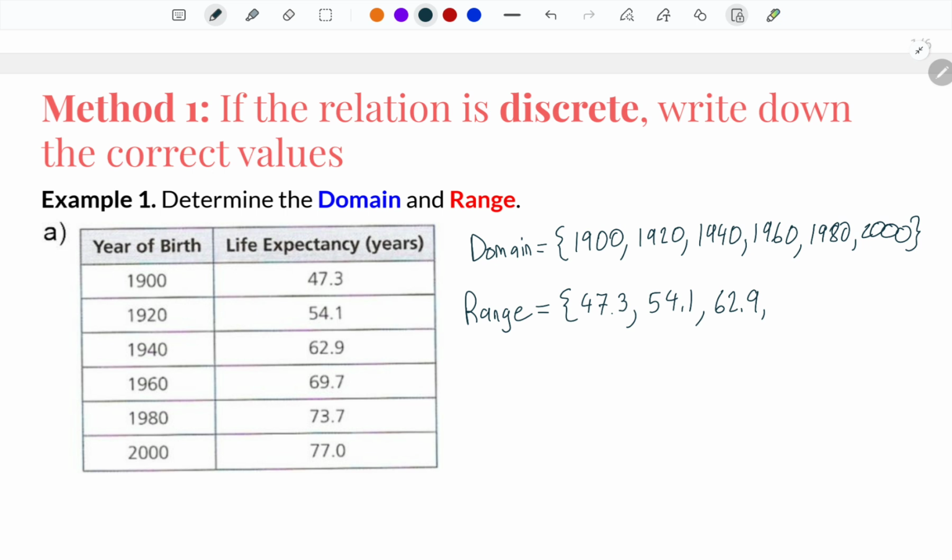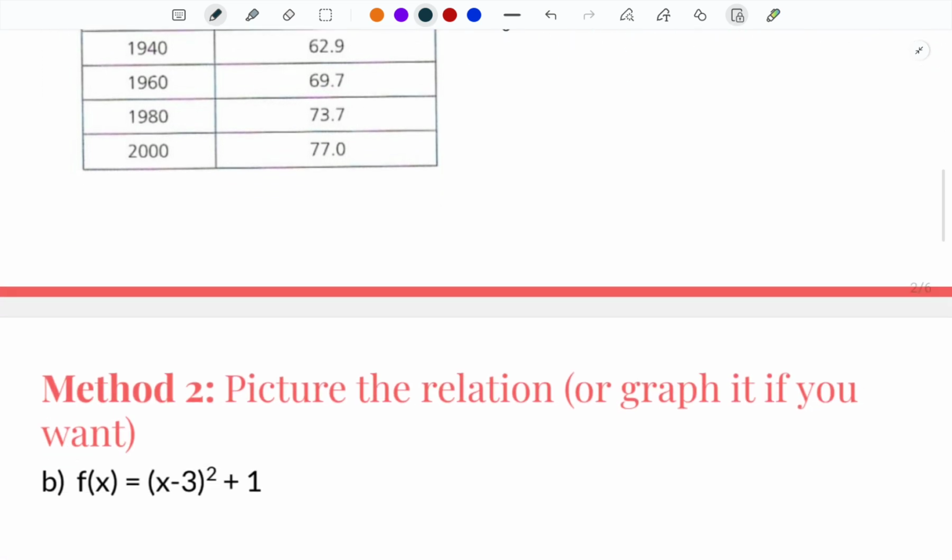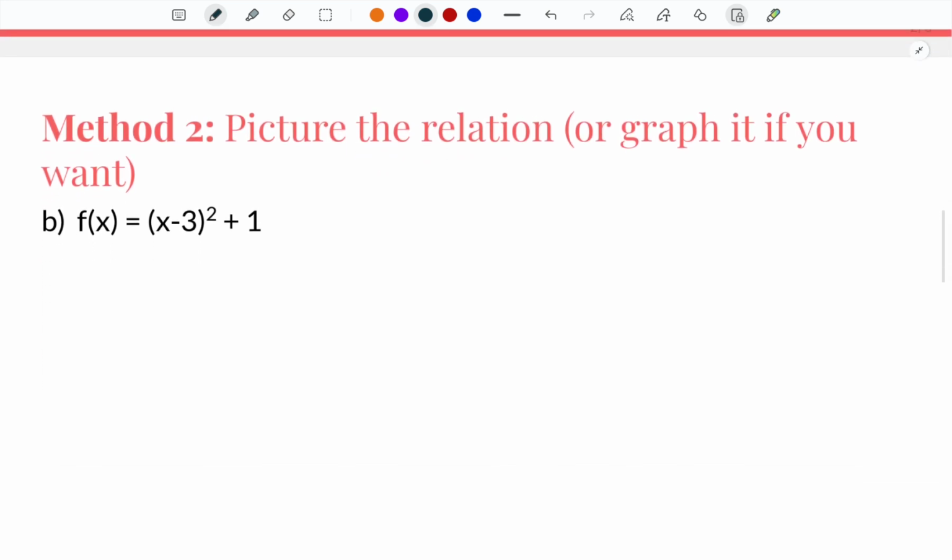We're just covering specific values, in this case these specific values that we're writing down. Okay, and lastly, we have 77.0. And again, I use the squiggly brackets. That indicates a set. So it's the set of those 6 numbers in each case for the domain and the range. Okay. So that's the easy case. You just have a list. You just write down what you have.